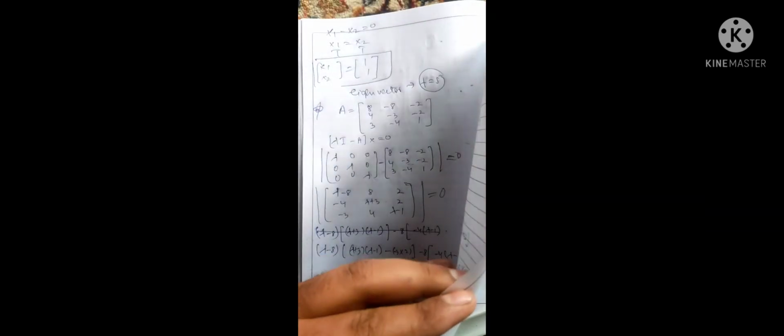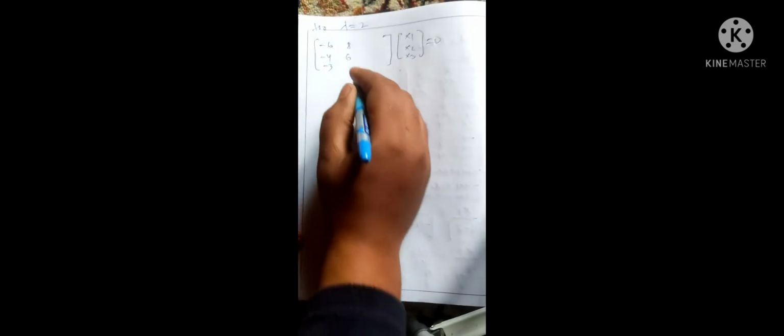2 minus 8 is minus 6. Minus 4, minus 3, 8. 2 plus 4 comes out to be 6. Then 4, 2, 2. Lambda minus 1, that is 2 minus 1, is 1.